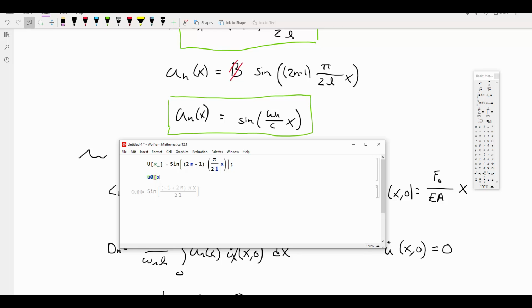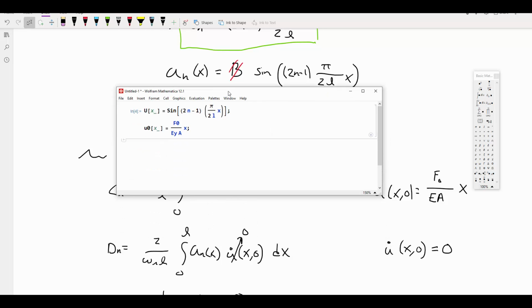Now I can define my u0. I can also do that as a function of x: this is F0, and I'll do this with the fraction, over EA. I'll call it EY because you see it thinks that I'm talking about the 2.718 number, so I'll call it EY here, times x. And that also is now defined properly.